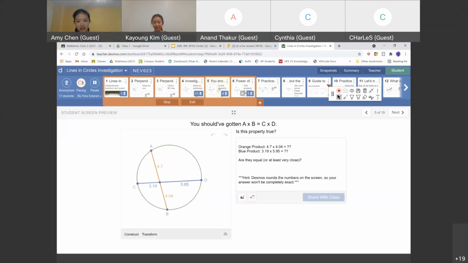Try this theorem out for yourself. Multiply this line segment by this line segment, and check if that roughly equals this line segment multiplied by this line segment. Does it work?